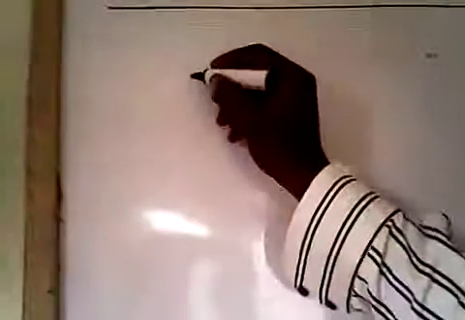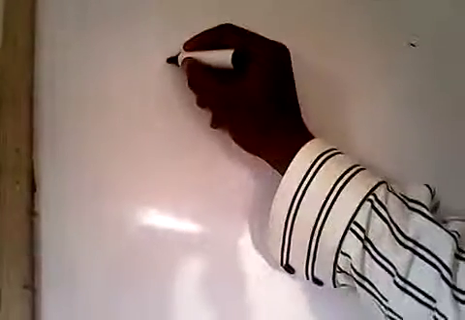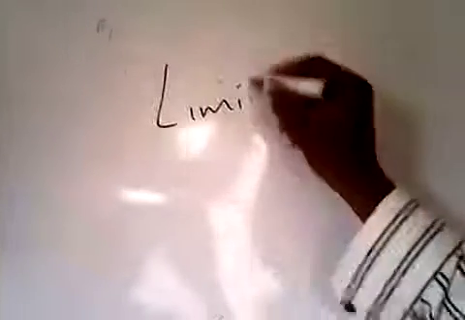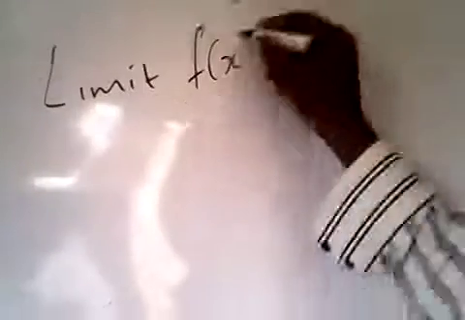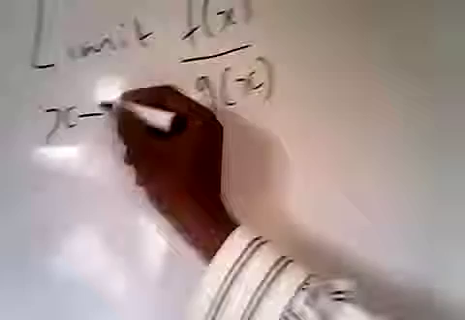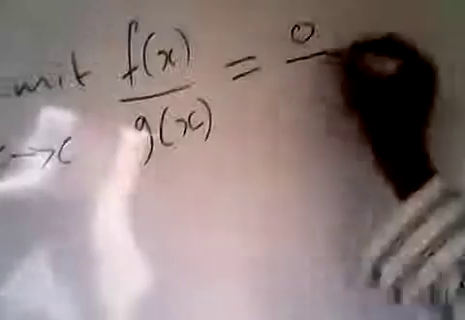Finally, on that category, we're going to take the last condition on the limit of functions. That is when we have the limit of f of x over g of x as x tends to c equal to 0 over 0.